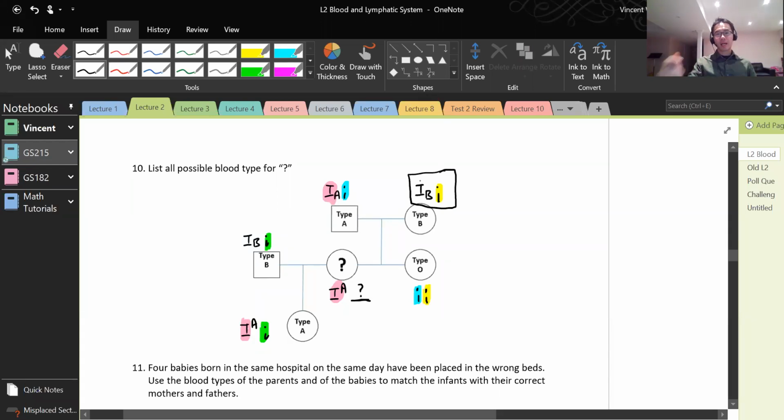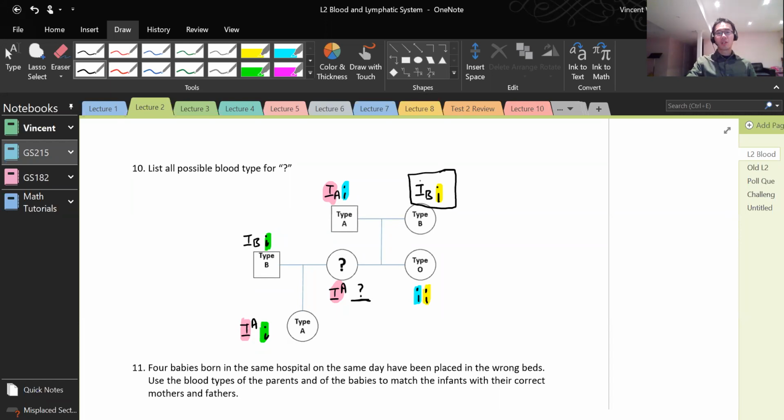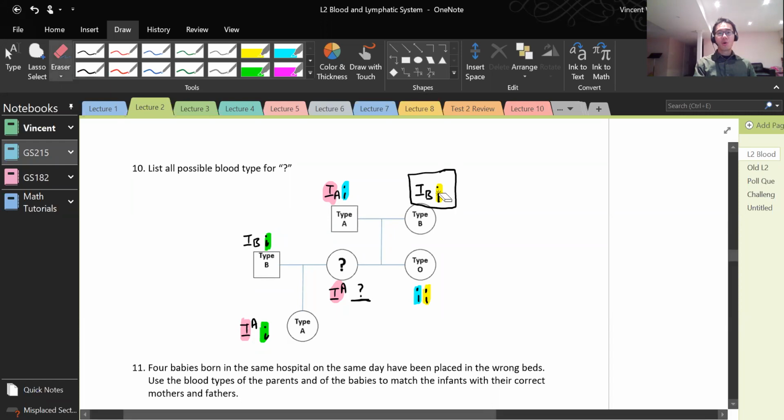Because the IA came from her father, the question mark must come from the mother. The question we have to ask ourselves is this: do we know for certain which of these alleles gets passed on to the question mark? Do we know if the IB got passed on or the small i got passed on? We don't.